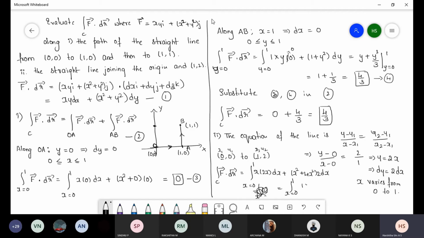So 10 plus 2, 12x square into dx. Integration is 12x cube divided by 3, x varies from 0 to 1. Three ones are 3, three fours are 12. So upper limit means 4 into 1 minus 0, that is equal to 4.